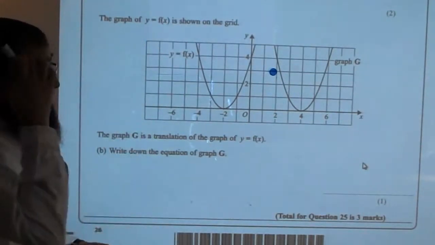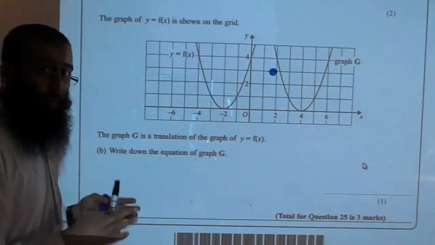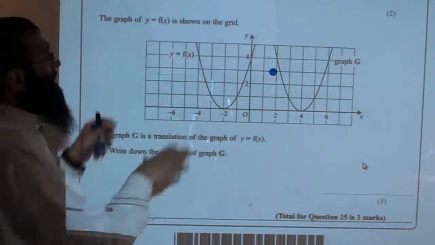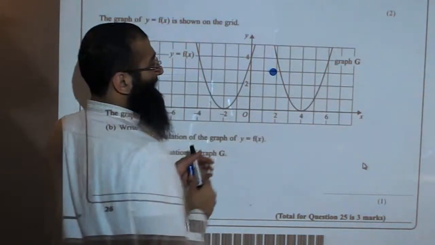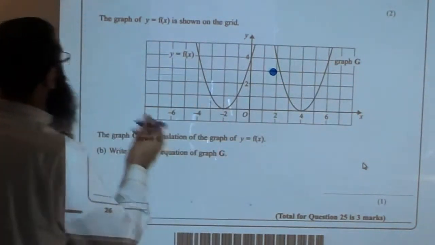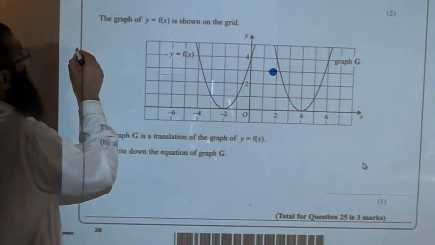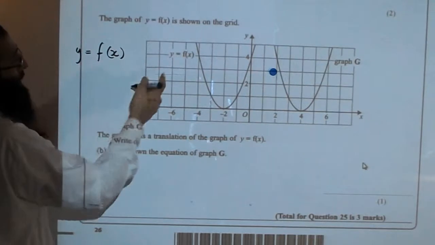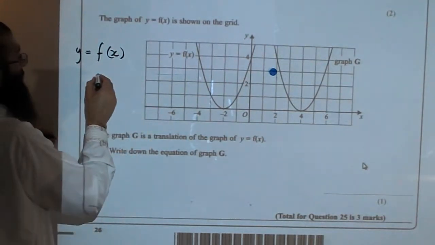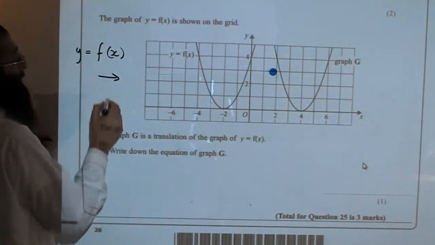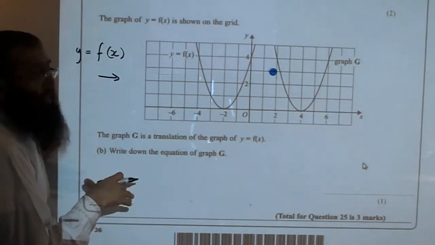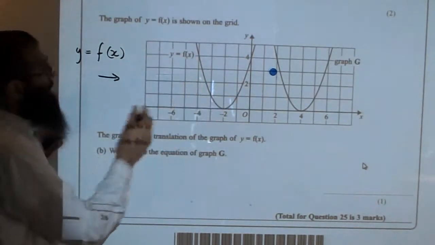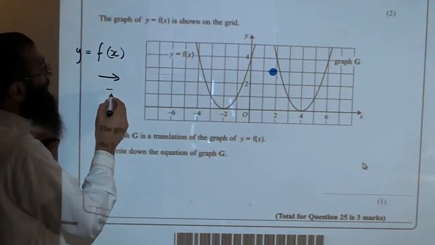Now, as we studied in the previous videos that we've done on YouTube, when the graph is translated along the x-axis, it has a certain way we write it down. Normally y is equal to f of x, that's the original function. If you move it to the right, normally you think of the right as positive, but that will have a minus number inside it.